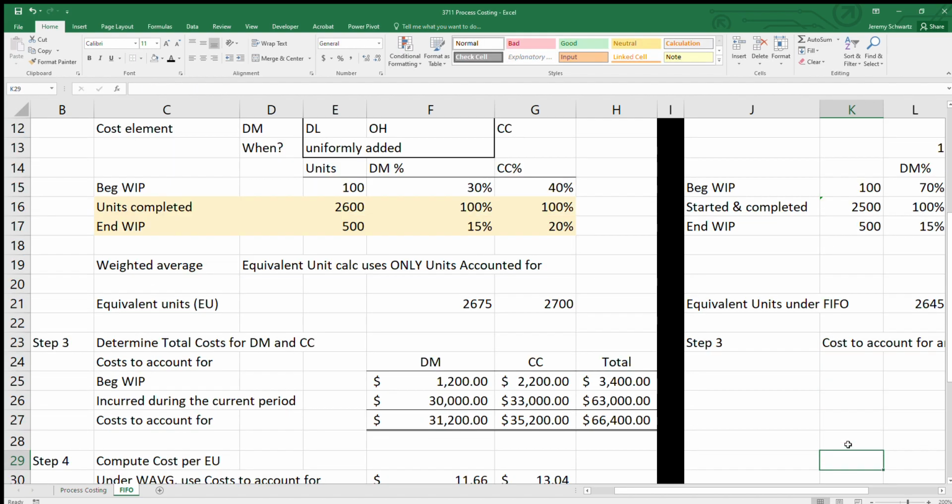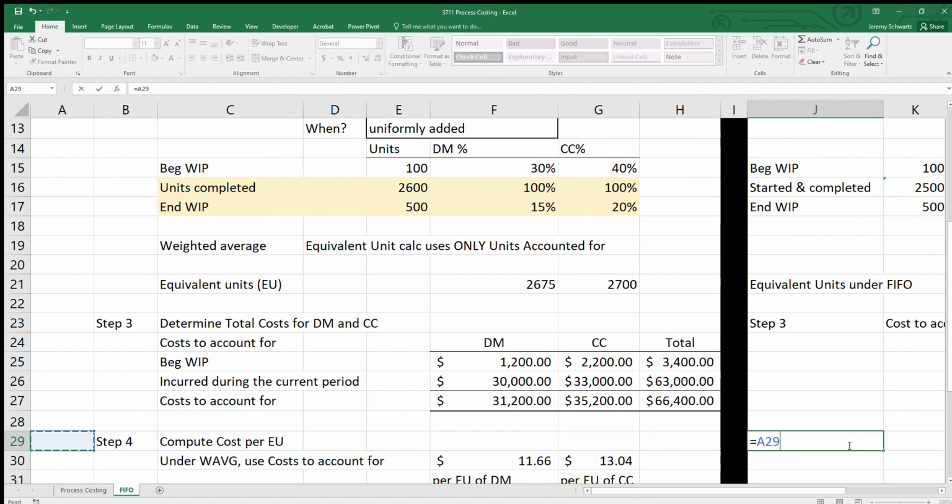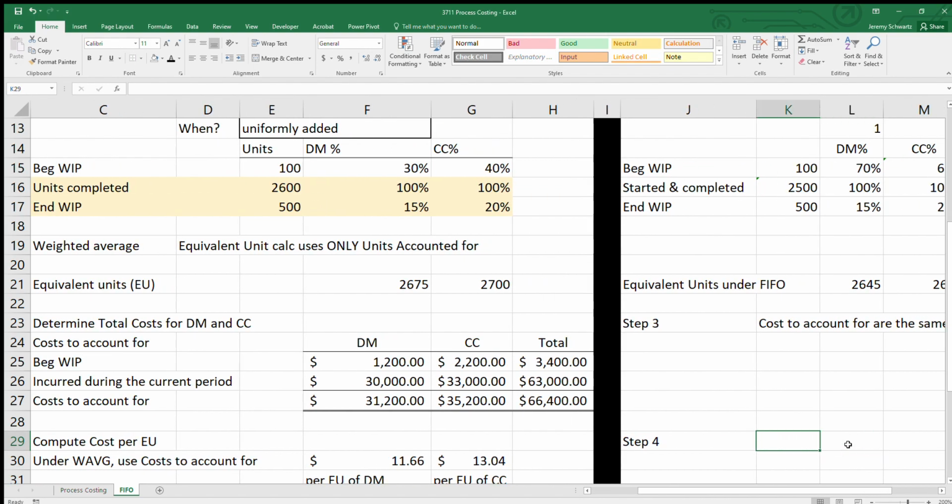But when we do the allocation under step 4, this is where we're going to be getting a little bit different results here. We use the costs incurred during the current period. That's what we're trying to be allocating here.